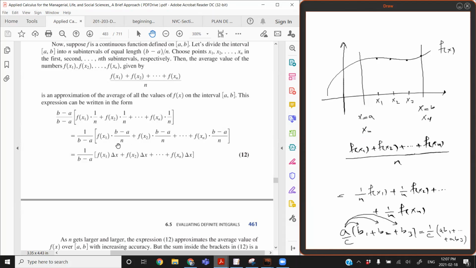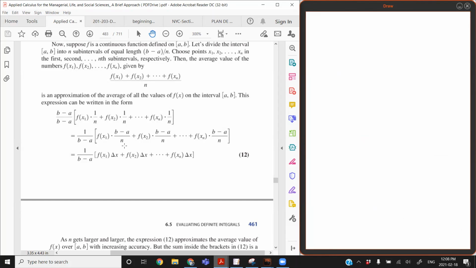Notice that what we have here, b minus a over n, is simply the delta x. So when we were learning about the Riemann sum, we learned that delta x is b minus a over n. And then the expression becomes 1 over b minus a times f of x1 delta x all the way to f of xn times delta x.